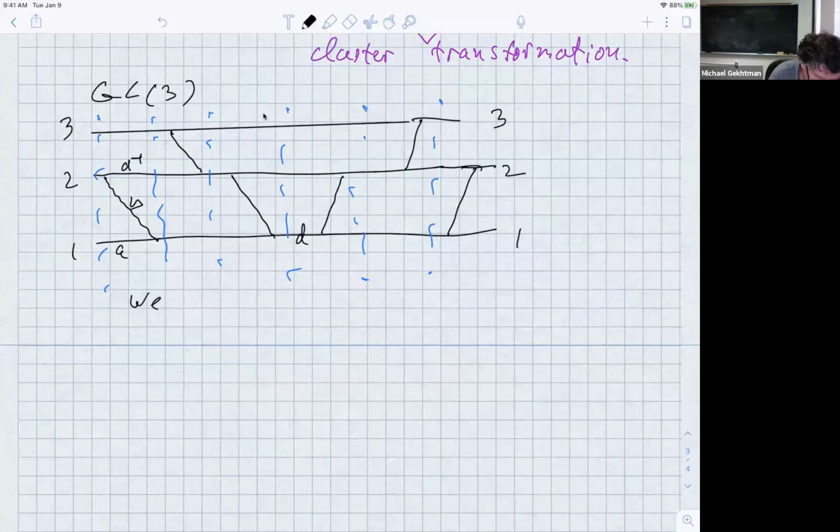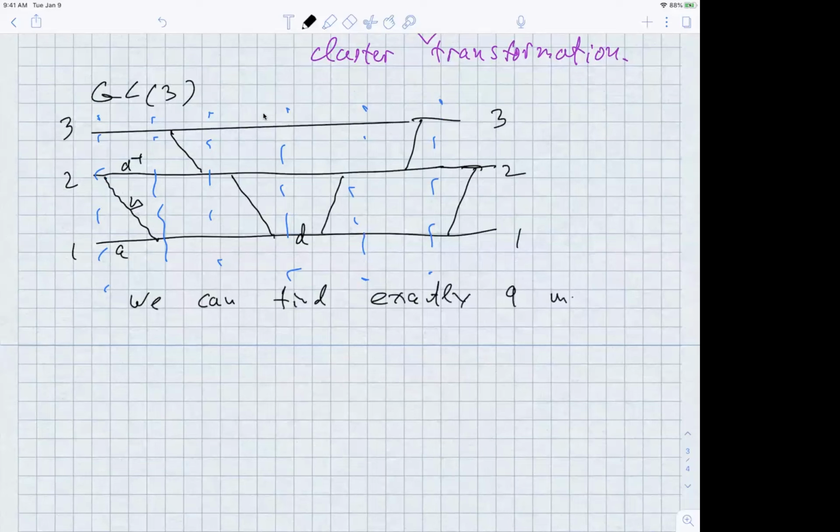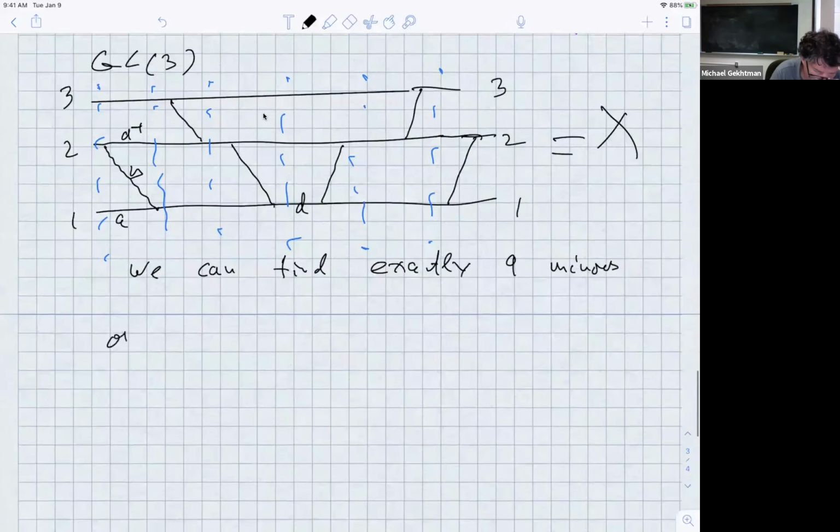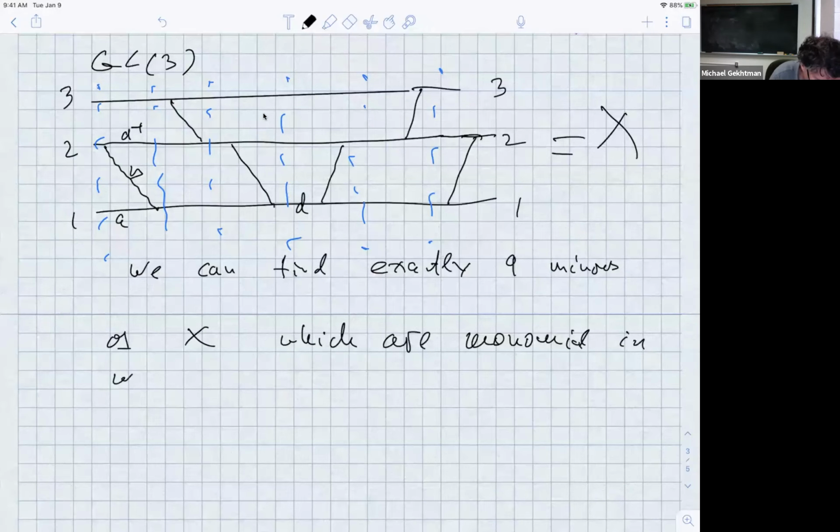is that we can find exactly 9 minors of X, this is our element X in GL3, which are monomial in weights.